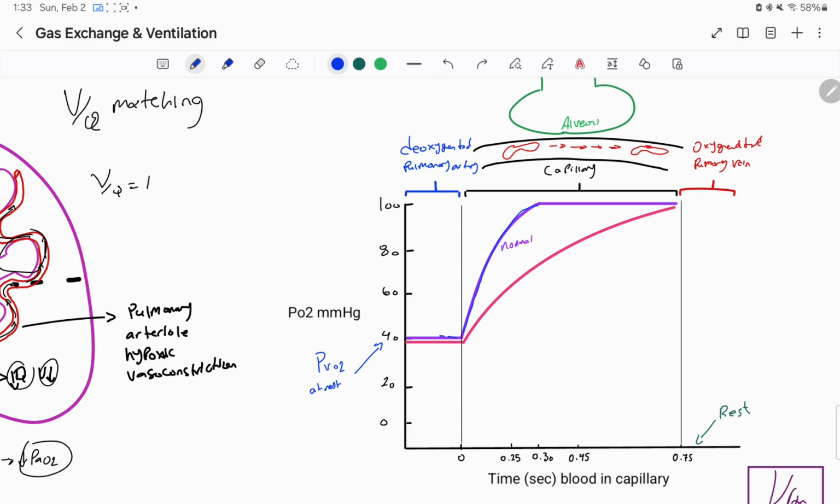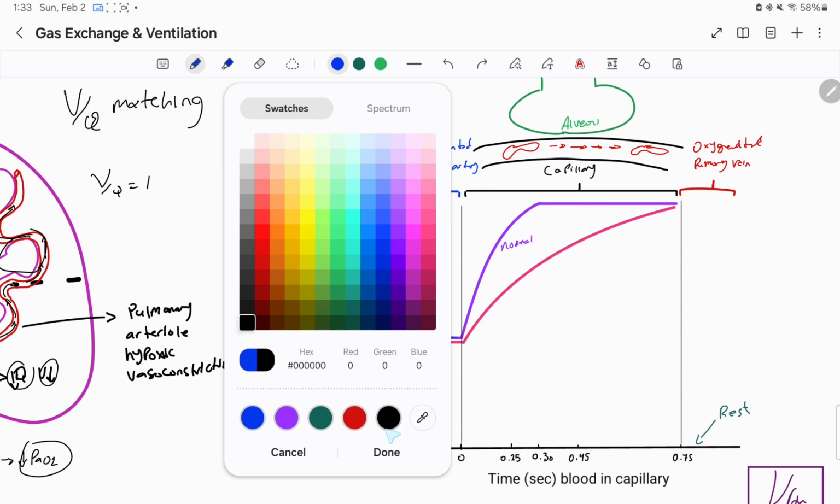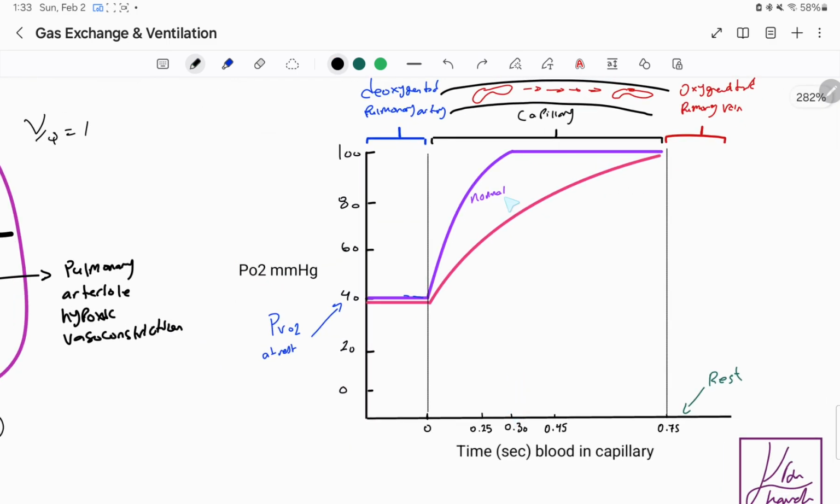Let's track how long it took. Boom. This is awesome. It took 0.3 seconds to take that partial pressure of oxygen at 40 and bring it up to 100. 40 to 100 takes 0.3 seconds.